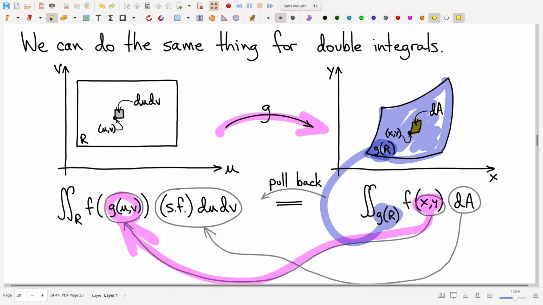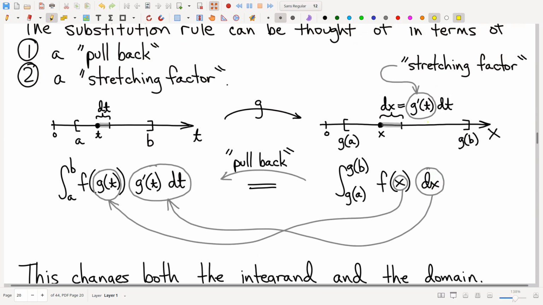This little piece of area here, that little piece of area, it's not the same as this little piece of area that led to it. Again, this change of variables function stretches things out, in the same way that this interval is not necessarily the same size as that interval, because this function might stretch things out.